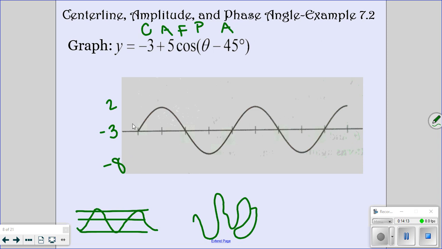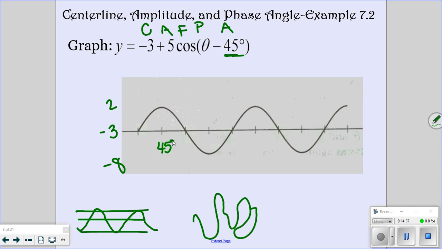This is a cosine. So our angle, it's always theta minus the angle. So our angle is actually 45 degrees. So the angle that goes here is 45 degrees because cosine normally hits a maximum. And it's telling you instead of it hitting a maximum at the origin, it's hitting the maximum at 45 degrees.